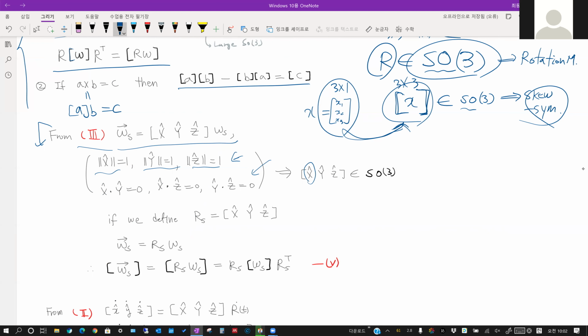When you see this one, x hat is a vector. Therefore, this becomes a 3 by 3 matrix. Large X, Y hat is an element of a 3 by 1 vector.